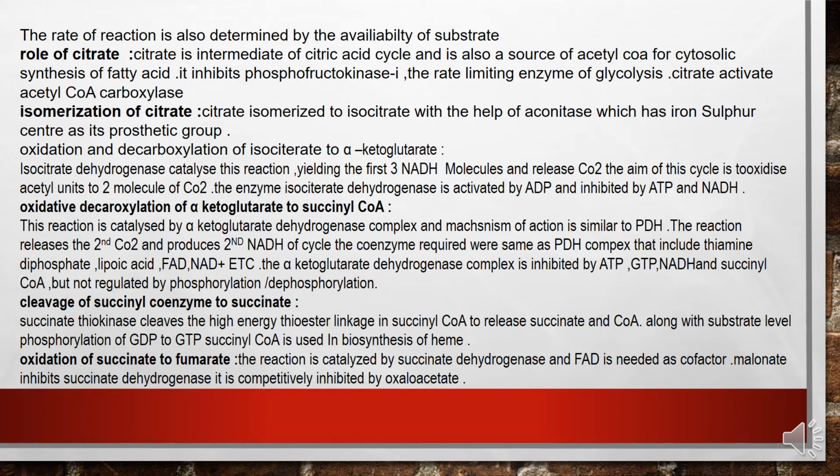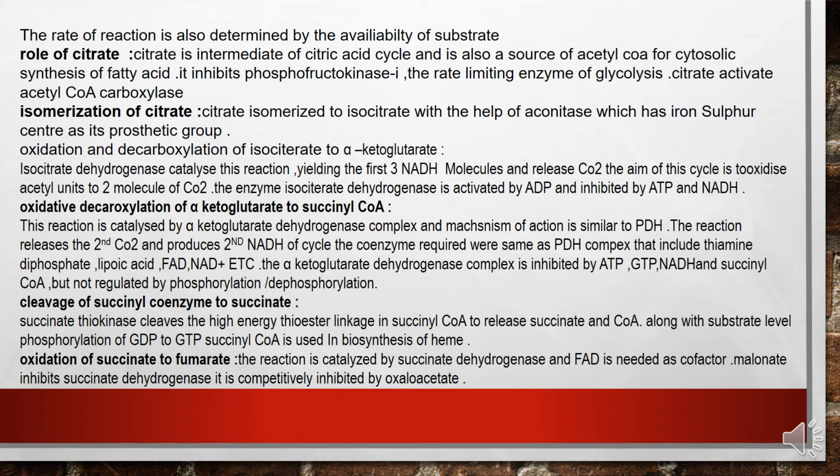Oxidative decarboxylation of alpha ketoglutarate to succinyl coenzyme A. This reaction is catalyzed by the ketoglutarate dehydrogenase complex and the mechanism of action is similar to PDH. The reaction releases the second carbon dioxide and produces the second NADH of the cycle.